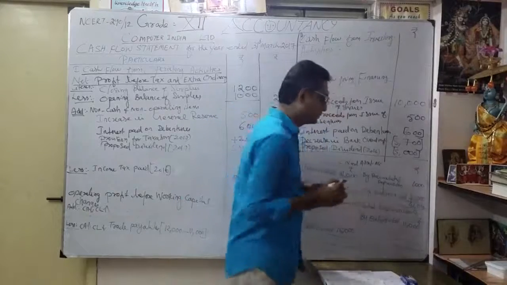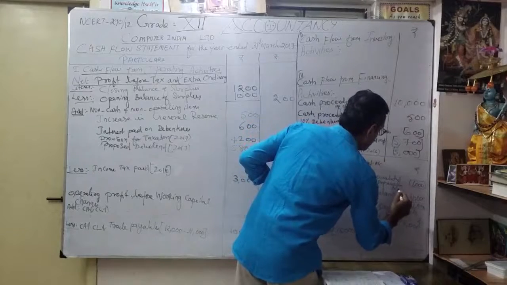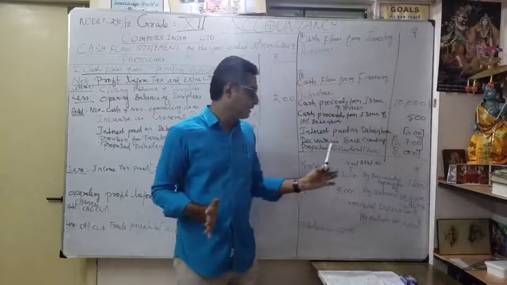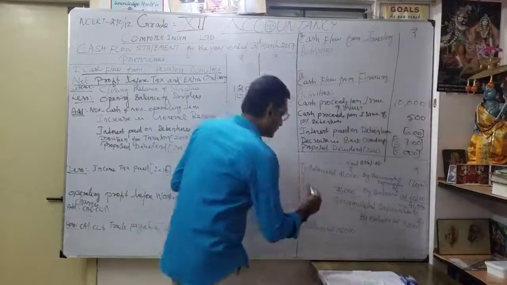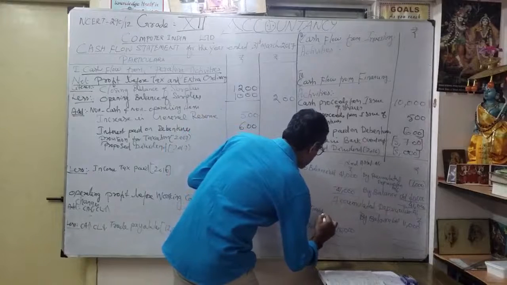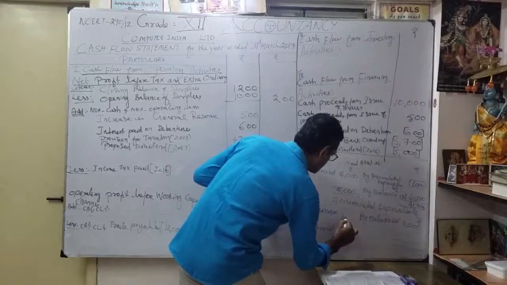So what is the 1,000? This is our balancing figure. It's called the balancing figure, accumulated depreciation. So understood? The fixed asset is cleared. That accumulated depreciation I'm going to post here, to fixed asset account, 1,000.